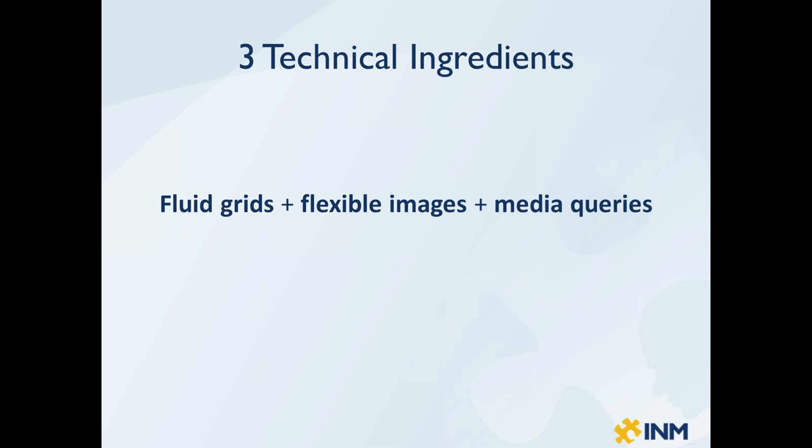So for example, a fluid grid is great up until you reach a certain breakpoint. At that breakpoint, you can use what's called a media query, which is a CSS3 property, to actually restructure the layout, to change a property, to remove a float, to change the width of a column, for example.